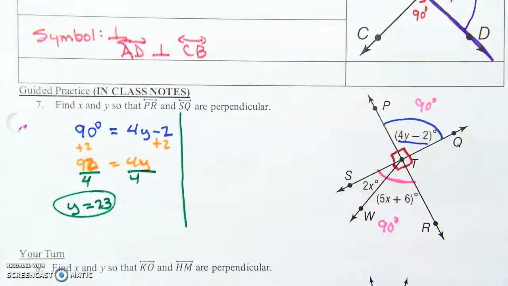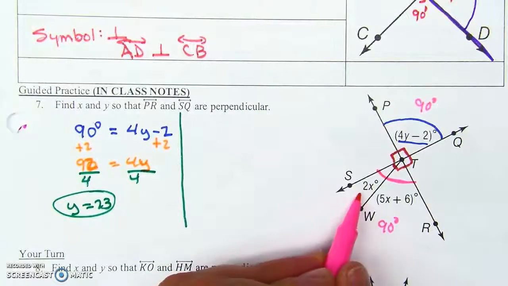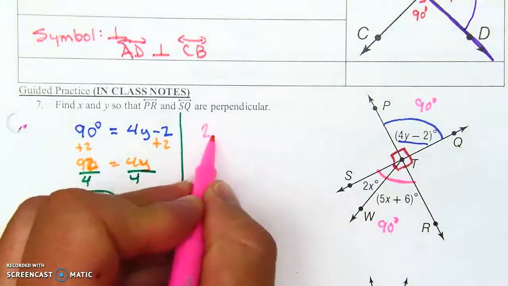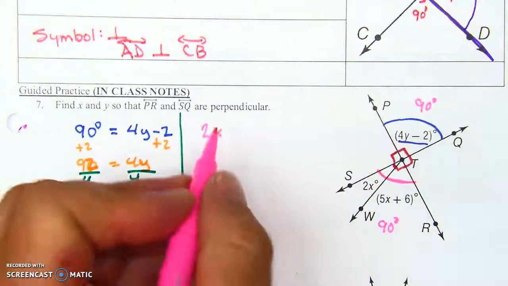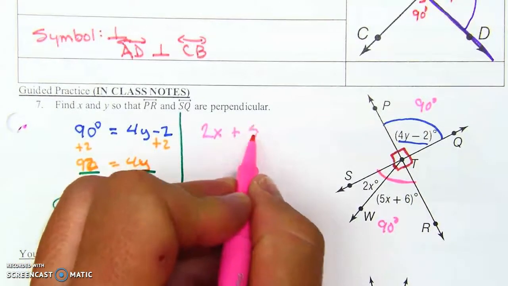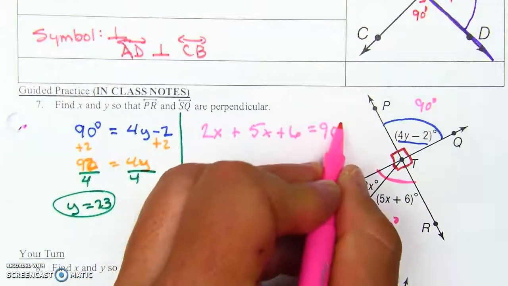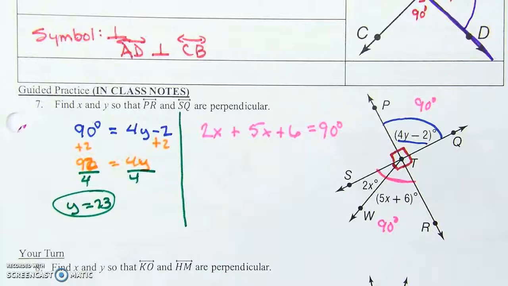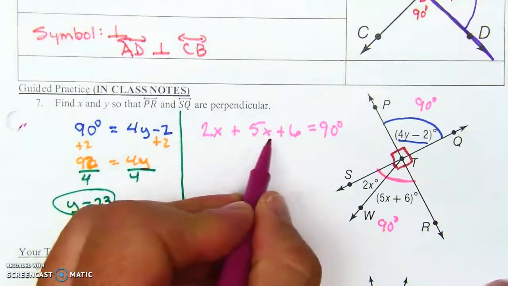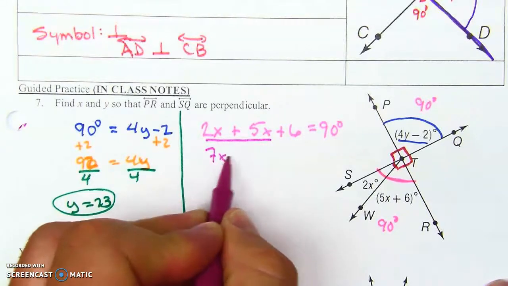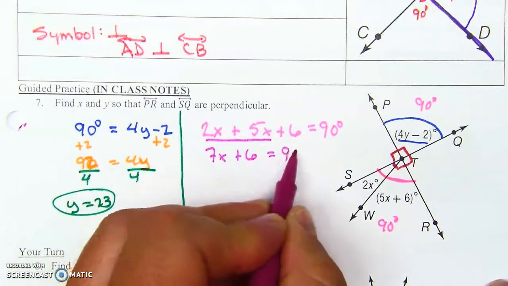So we set these two up: 2x plus the second angle, which is 5x plus 6, equal to 90 degrees. Combining like terms, these give me 7x plus 6 equals 90 degrees.